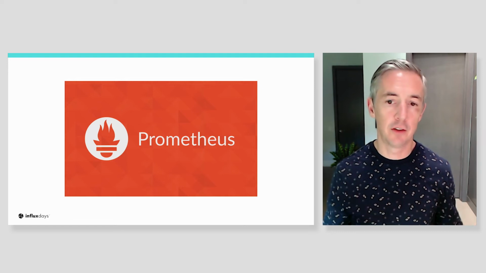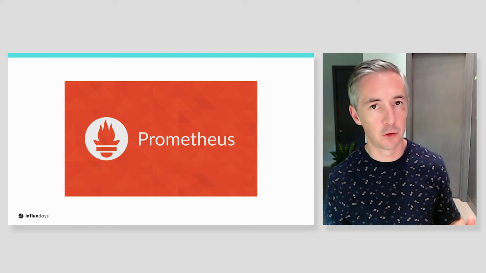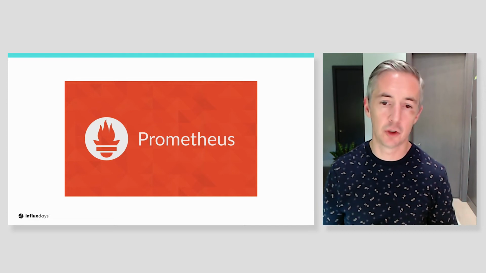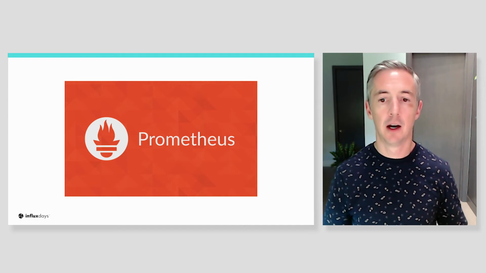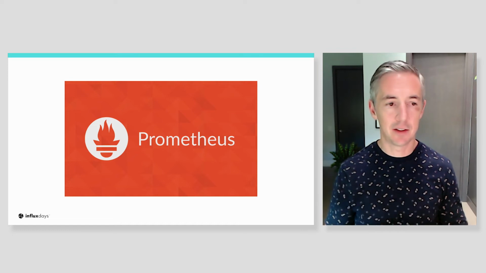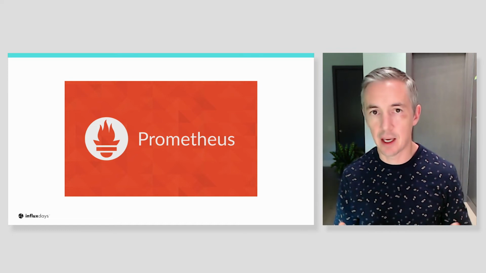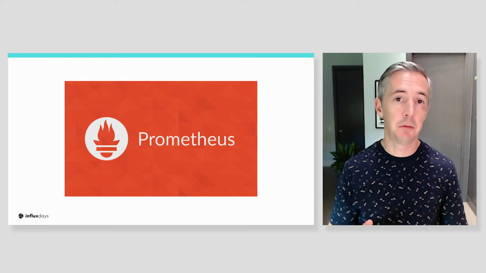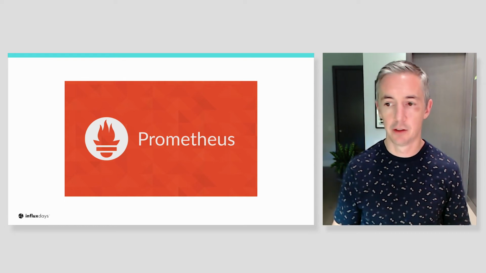So this was originally developed at SoundCloud starting in November of 2012, but it was an internal project. They didn't release it publicly until January of 2015. But its data model is basically the same as OpenTSDB's, and InfluxDB is similar, but a bit different, right?